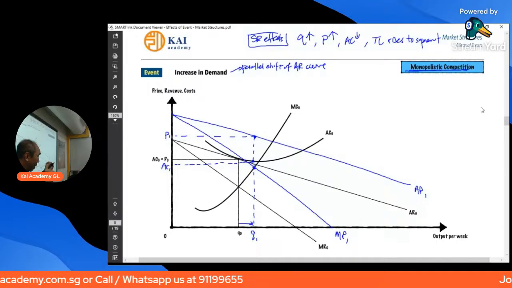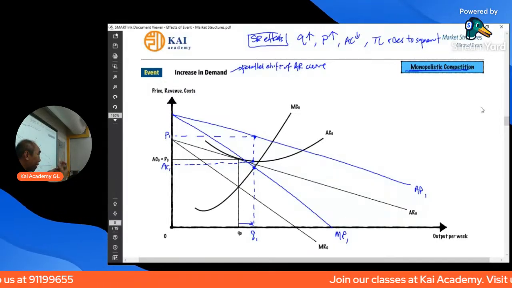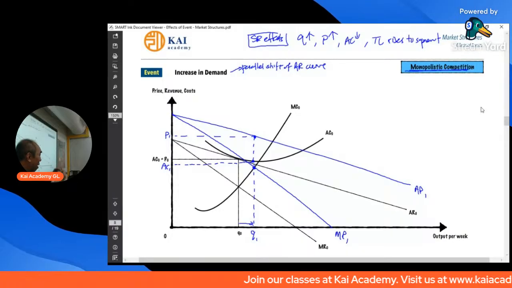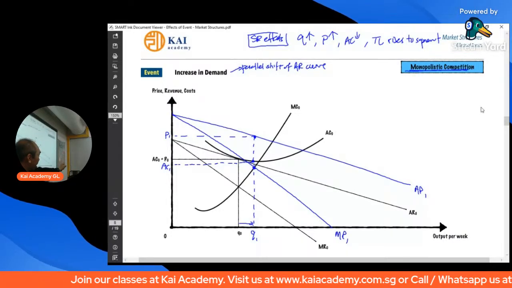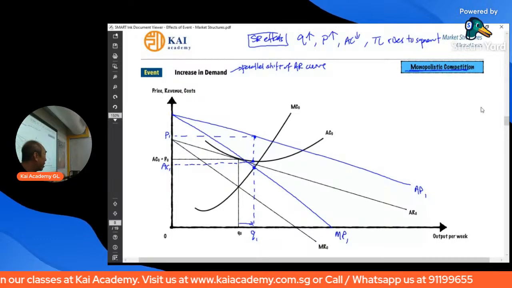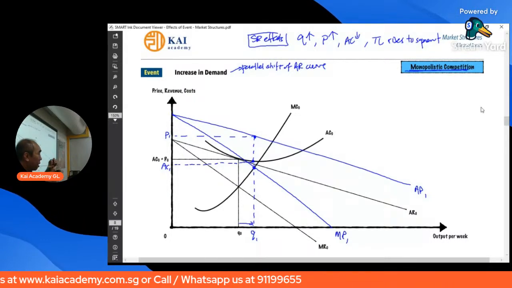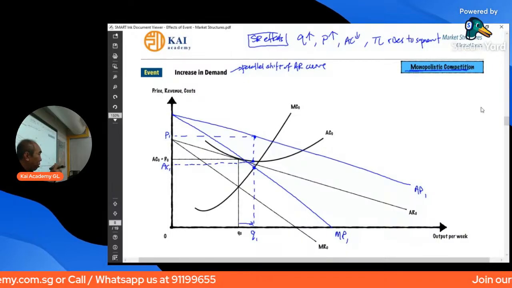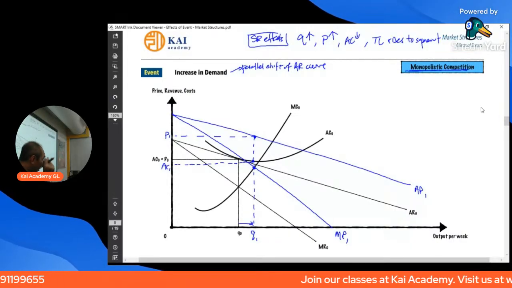But because they're selling slightly differentiated products, it's not as easy to add across. My chicken rice and your wonton mee and his lor mee cannot just be added so easily across the board. So because of slightly differentiated products, we cannot sum the output across these products to get a market diagram. So we can only get it from a firm diagram.